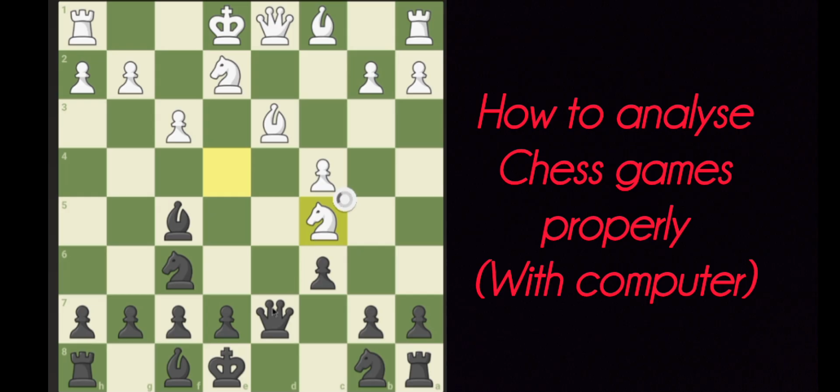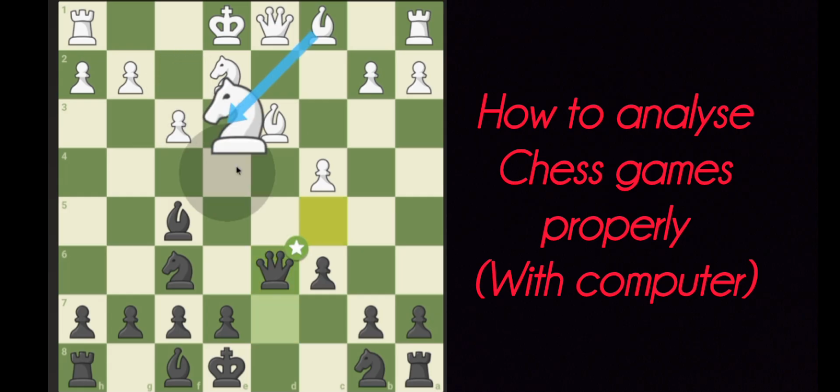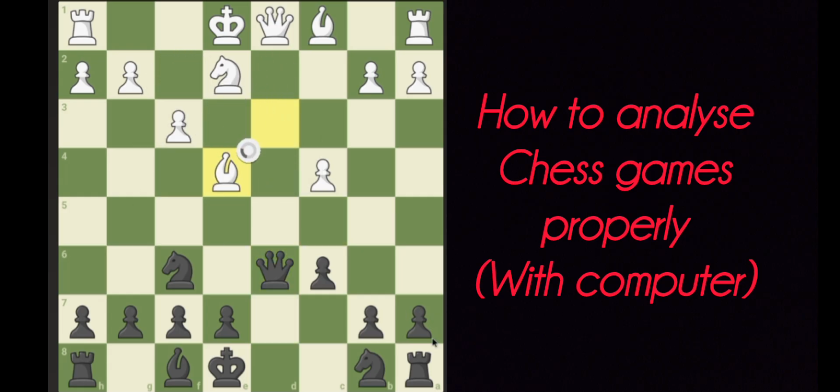Even if knight to c5, you just go queen d6, and if knight back, you just trade off. So there is nothing bad with it. But I played queen to b6.